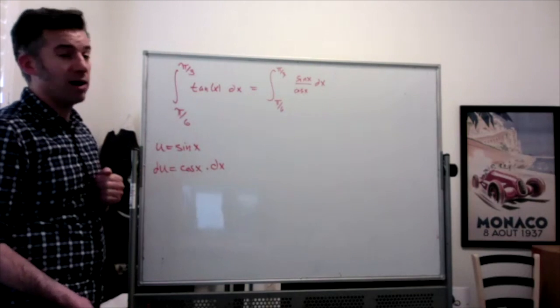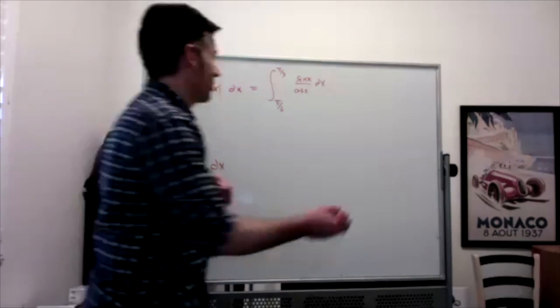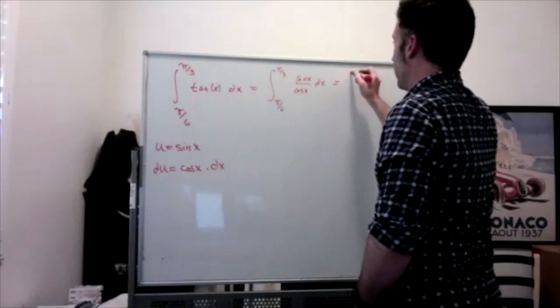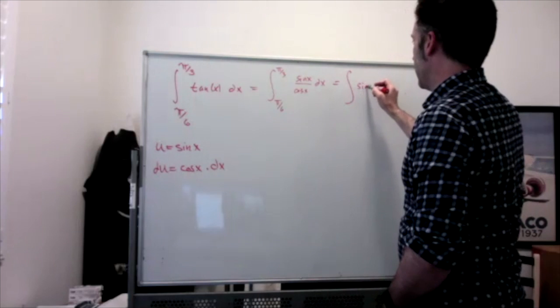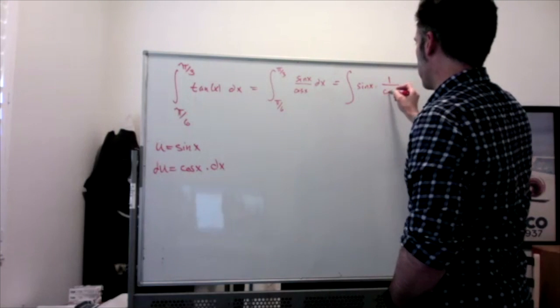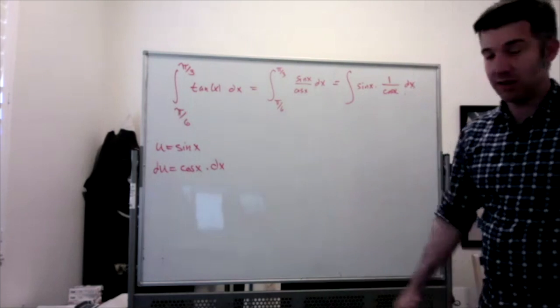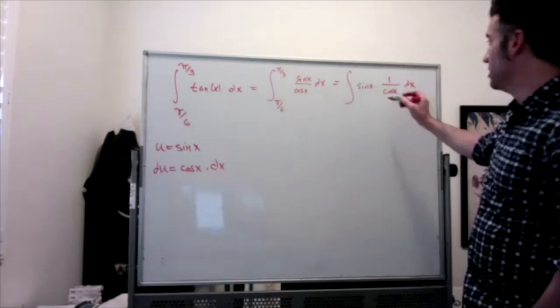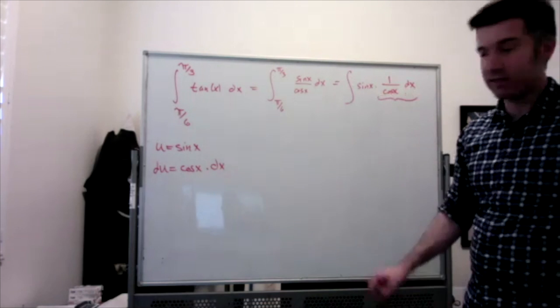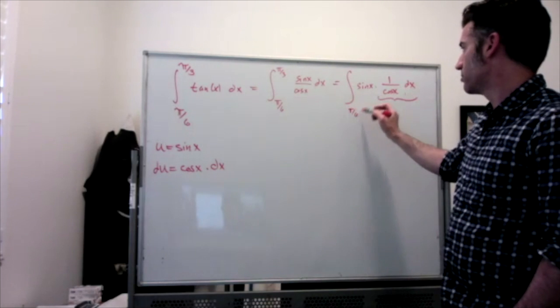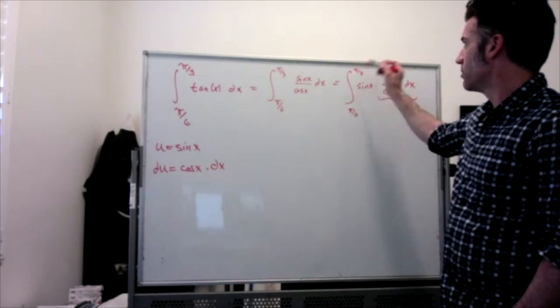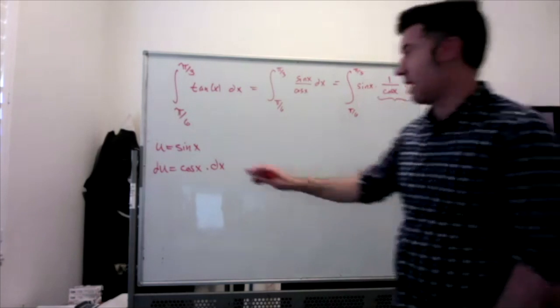We have 1 over cosine of x times dx. You could rewrite this as the integral of sine of x times 1 over cosine of x times dx, but that is not the same as that. So we can't pick that.